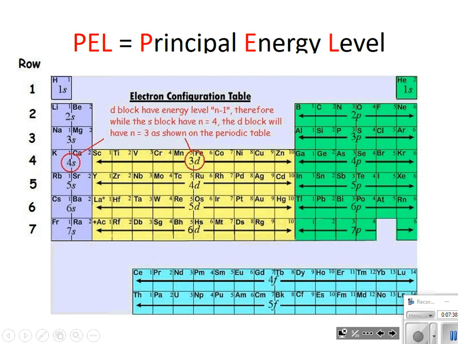Now, PEL, P-E-L, the principal energy level. I want you to write directly on your periodic table.